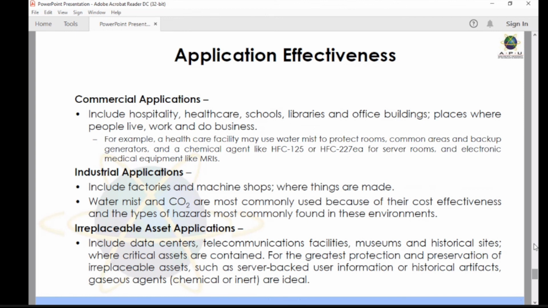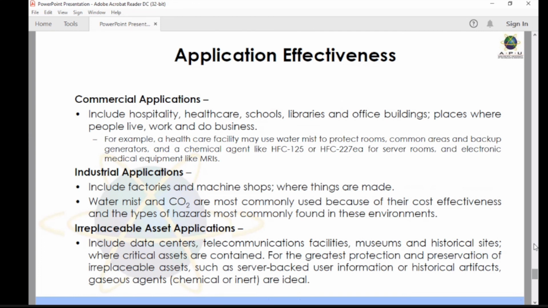So even in commercial applications, the type of fire suppressant you use may vary. You can use water, which is more cost effective, and somewhere like electronic equipment you use chemical or inert gases.